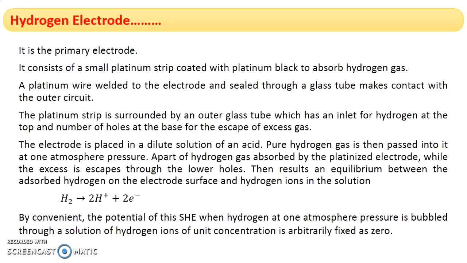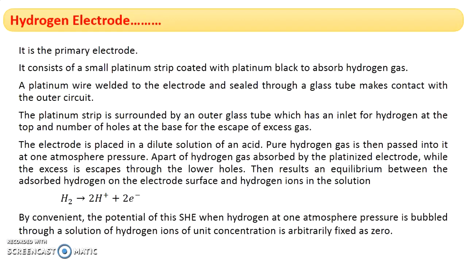There are two types: primary reference electrodes and secondary reference electrodes. Primary reference electrodes are the electrodes whose potential is fixed. Secondary reference electrodes are the electrodes whose potential is determined by connecting with the primary electrodes. So the hydrogen electrode is mostly used as a primary reference electrode.